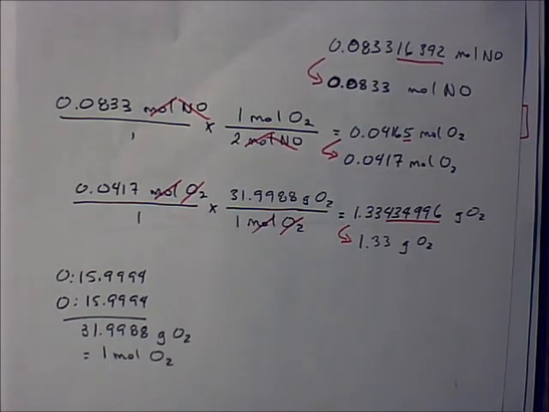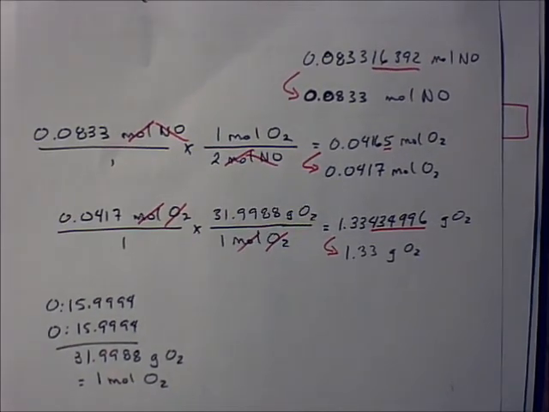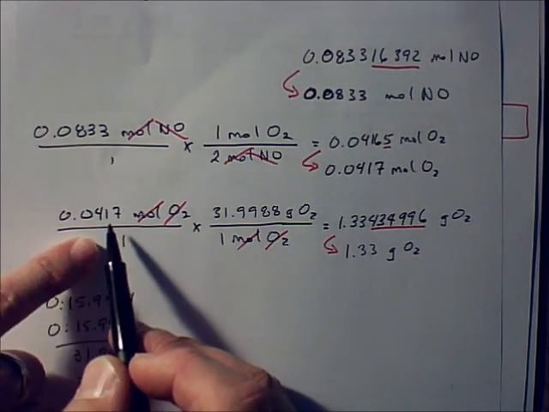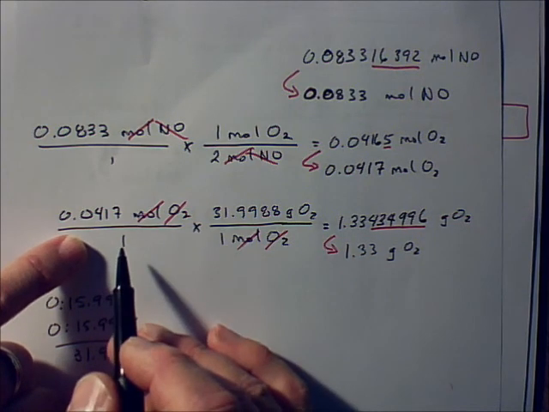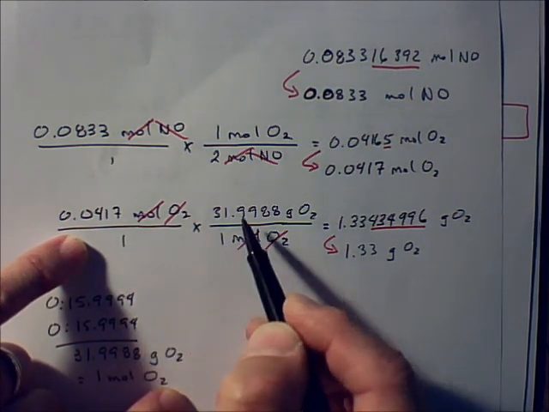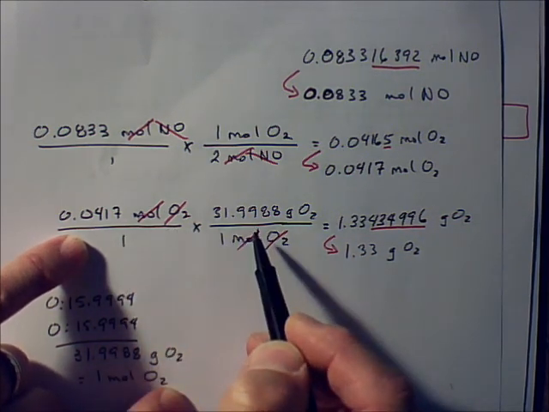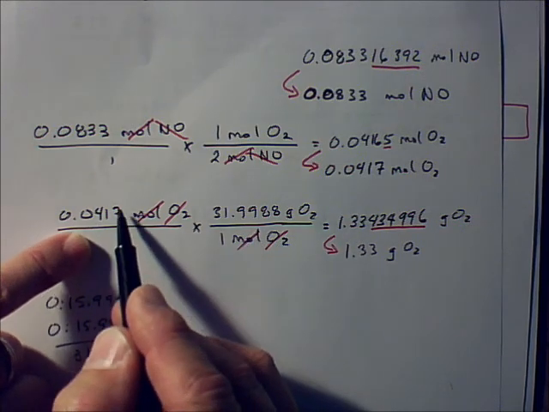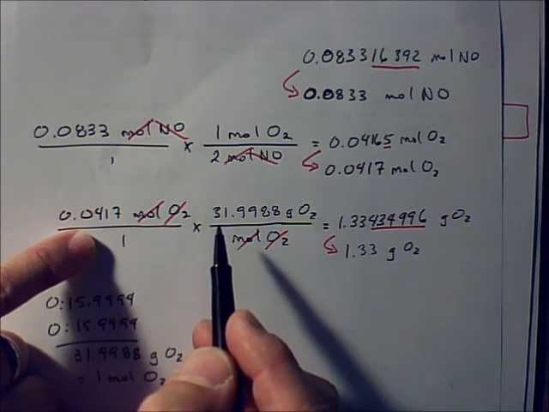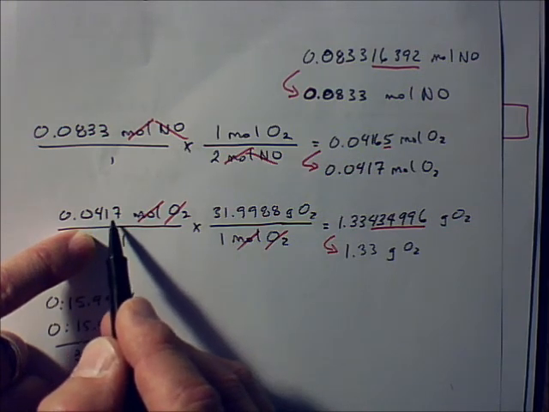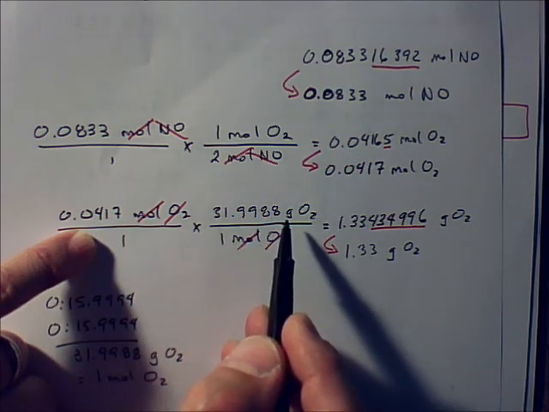How do you know how many digits to round off to? All right. You always look in a multiplication division problem. That's what we have. This is division here and here, and this is multiplication between those two. You look for the measured and or calculated numbers in the problem. This is a calculated number. This is a calculated number.